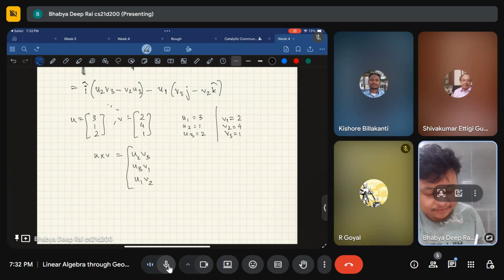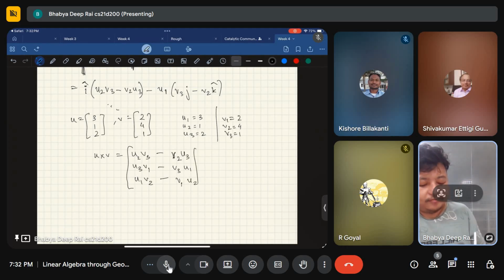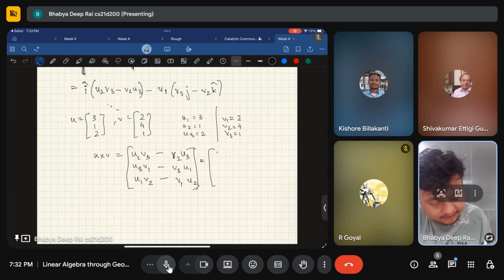And then all you need to do is put minus signs and exchange: u1 v2 u3, v3 u1 and v1 u2. So what do you get? u2 v3 is 1, 10 minus 7 minus 1.